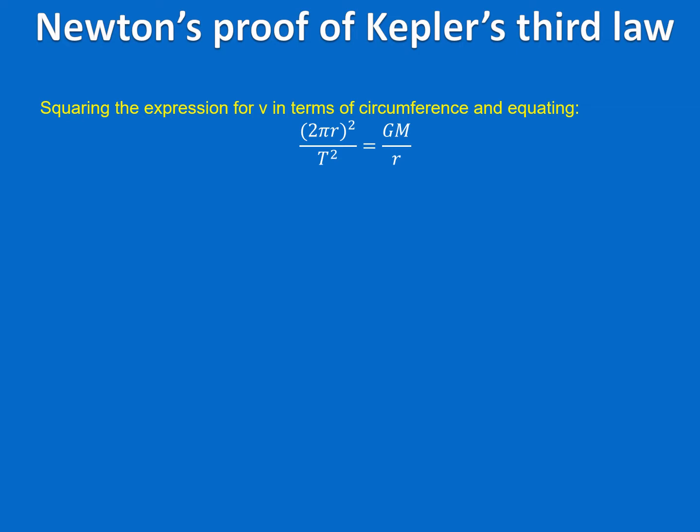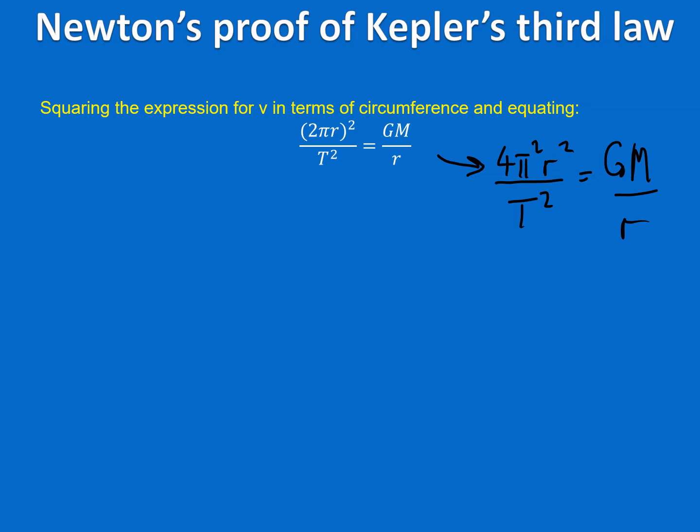Now all we need to do is bring the r's on one side and move the 2 pi onto the other side. So if we square that, then what do we get? So if we put that next to this, we get 4 pi squared r squared over T squared is equal to GM over r.